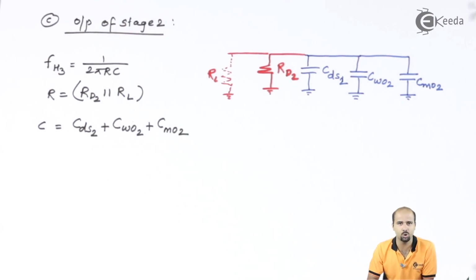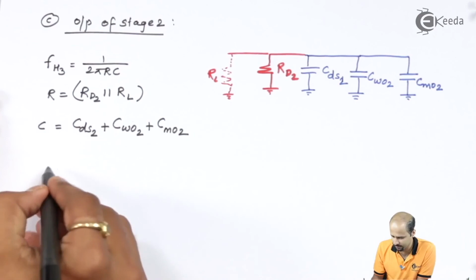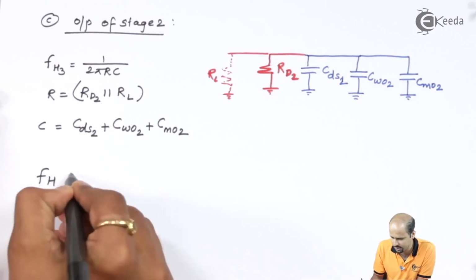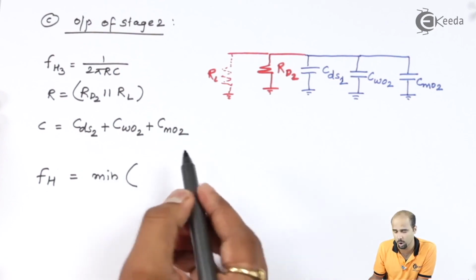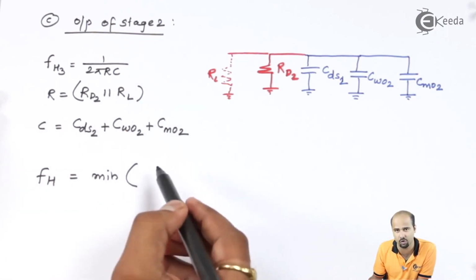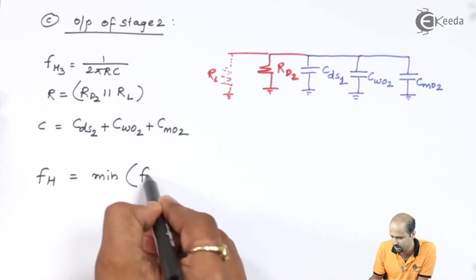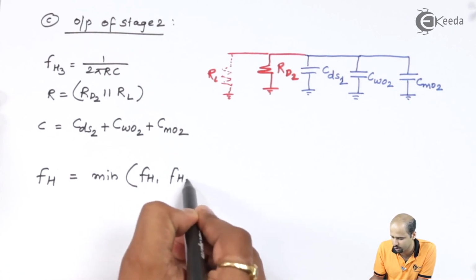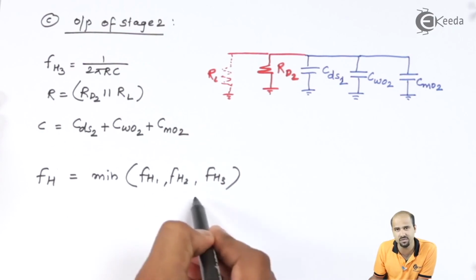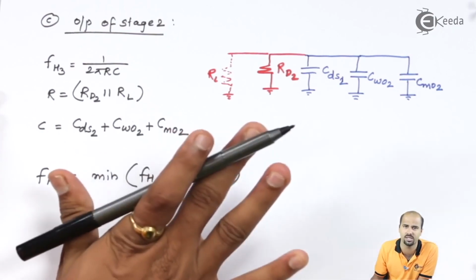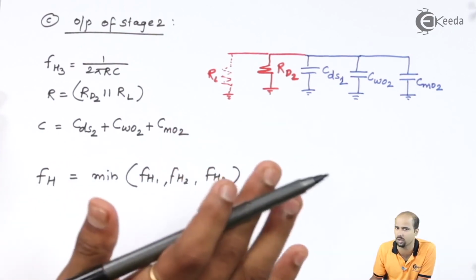Now we come to the conclusion of whether FH1, FH2 or FH3 we have to consider as the higher frequency cutoff. So we will say that your higher frequency cutoff is nothing but the minimum value of all the three values that we have got from the 3 RC circuits, that is FH1, FH2 and FH3. So out of these three values, whichever one is minimum, I have to consider it as my higher cutoff frequency.